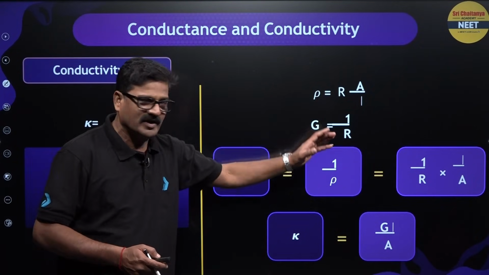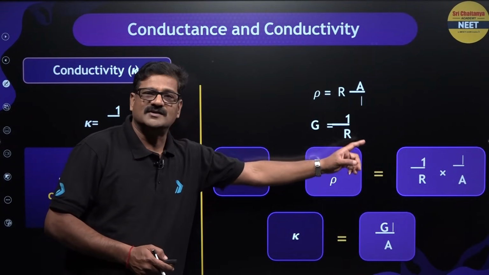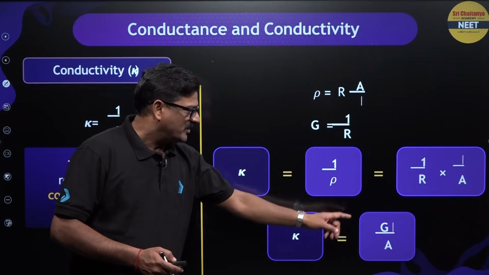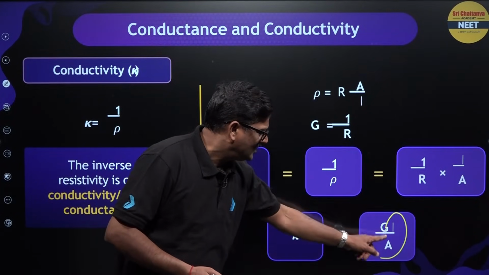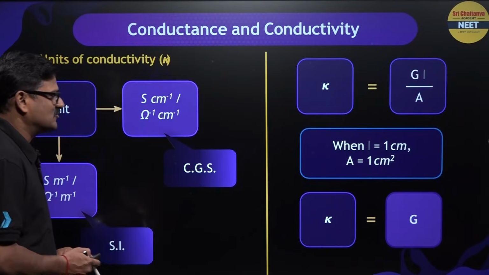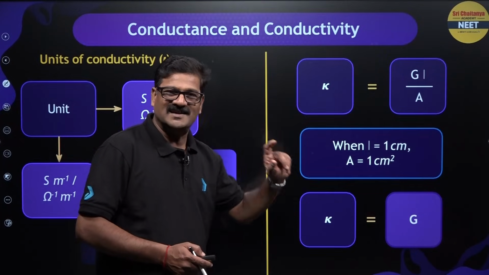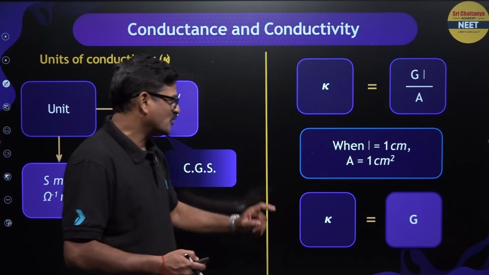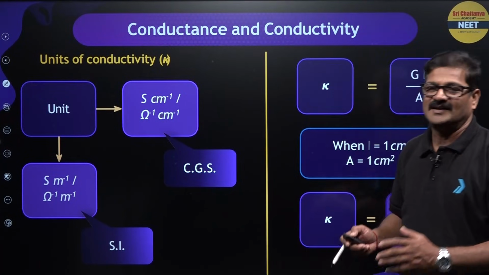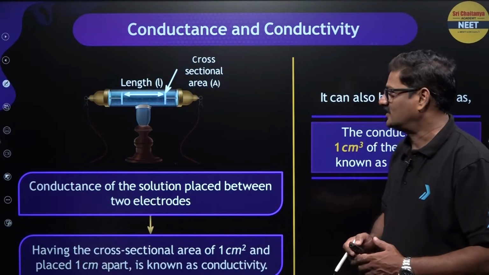So G is equal to 1 by R, as you know pretty well. K is equal to 1 by rho, which is 1 by R into L by A, so K is equal to G into L by A. L by A is said to be the cell constant G star. When L is 1 centimeter and A is 1 centimeter square, K is equal to G. So specific conductance is nothing but the conductance offered by 1 centimeter cube of electrolyte.